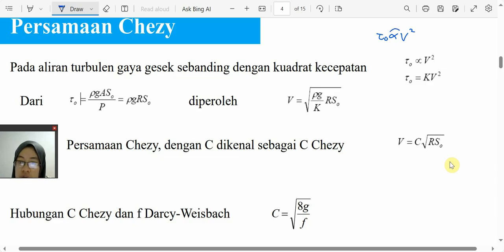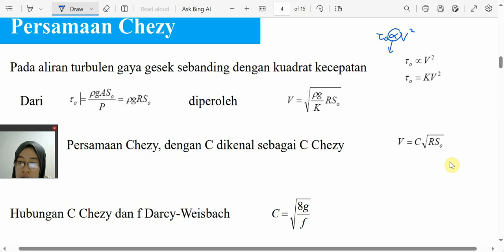This almost equal thing means there is something here that makes it almost equal.